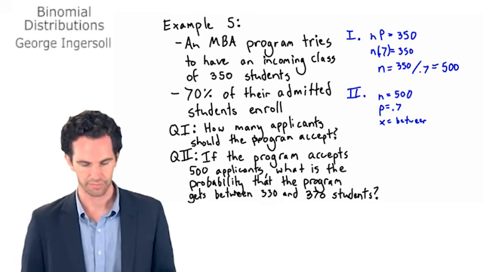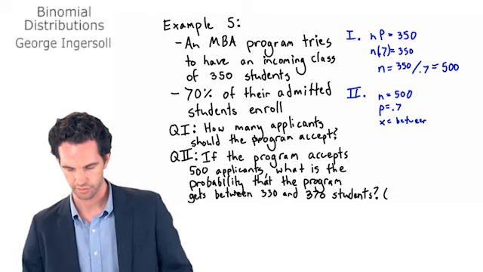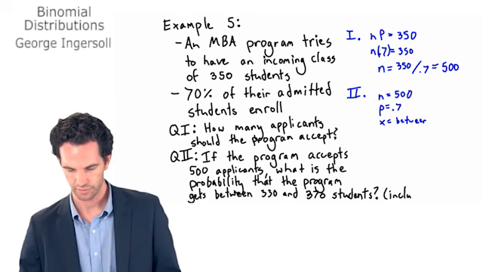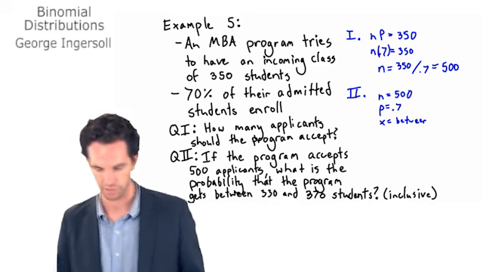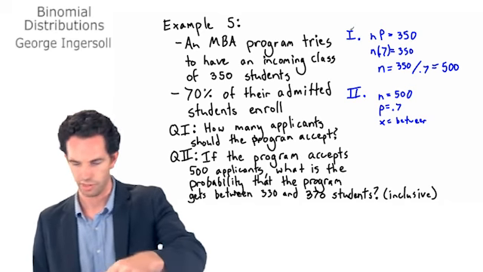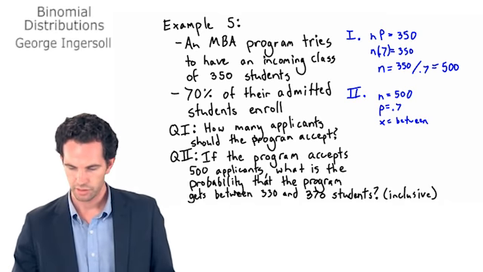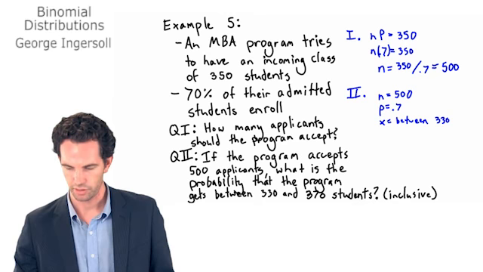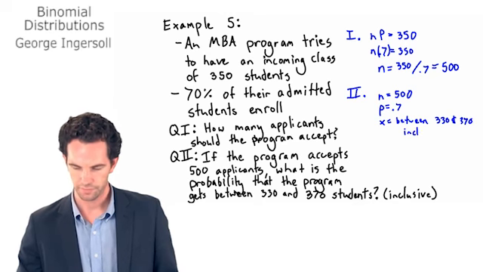I'm going to define this as inclusive, because I didn't do that in the question. You might read this as 331 and 369, but I'm going to call it inclusive. Between 330 and 370 inclusive.